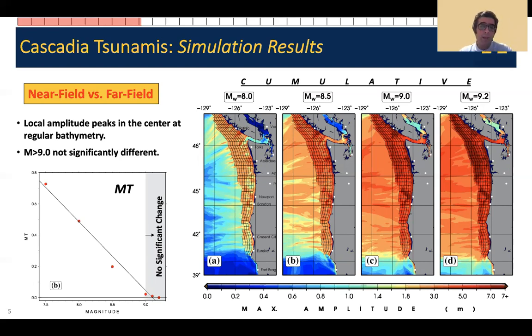Here I'm comparing all of these panels to the magnitude 9.2. And as you can see, after magnitude 9, everything is pretty much the same because there is not much variation in MT, and the MT values are very small, which means that magnitude 9 is a good representation of the tsunami that you will get from a magnitude 9.2.